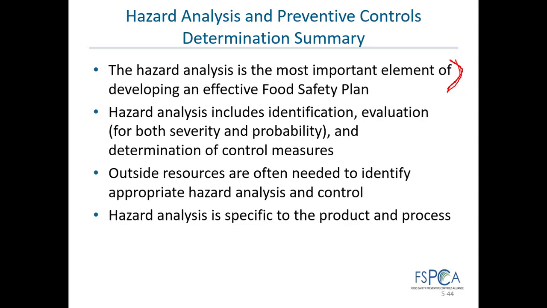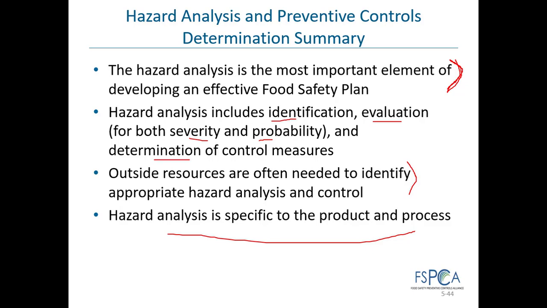Hazard analysis includes identifying your hazards, evaluating those hazards for probability and severity, and determination of your control measures or mitigation strategies. Outside resources are absolutely critical for helping you do this, to help you identify and help you evaluate your hazards. Hazard analysis is specific to the product and the process and the facility that it's in.